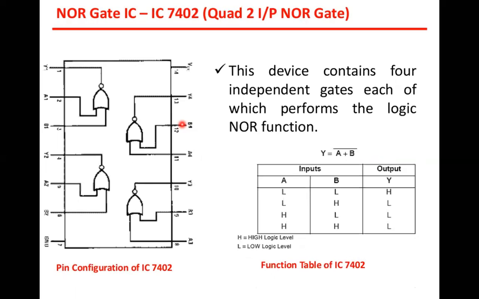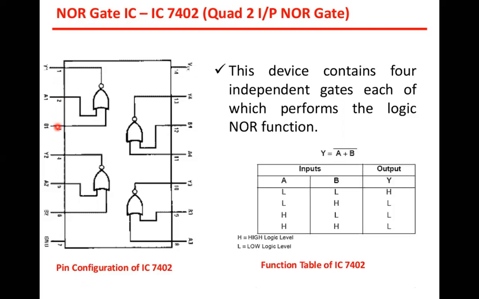IC 7402 contains 4 independent gates, each of which performs the logic NOR function. You might have seen earlier for the AND gate, OR gate and NAND gate that pin 1 and pin 2 were inputs and pin 3 was the output.